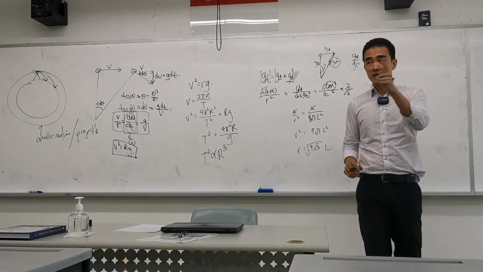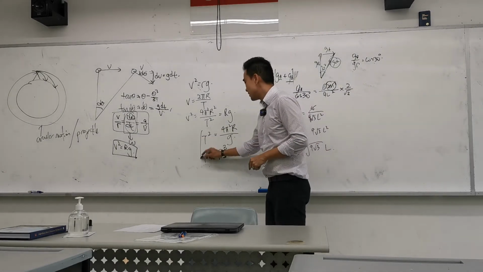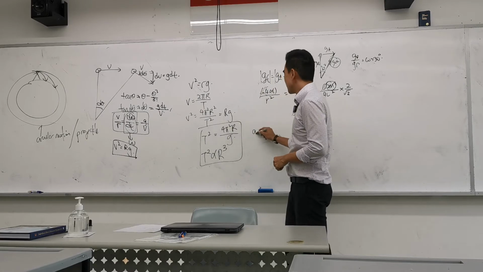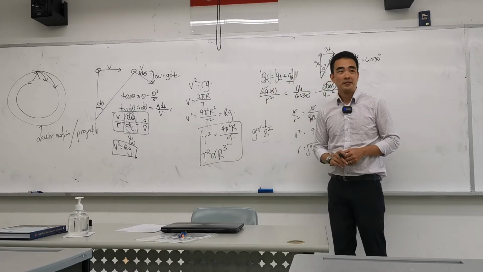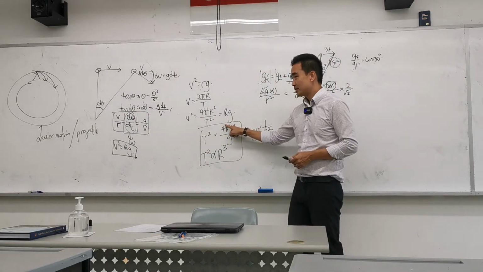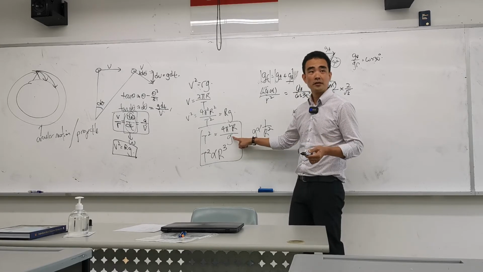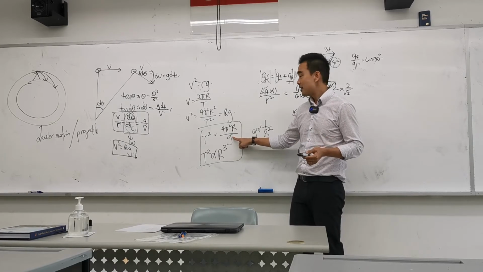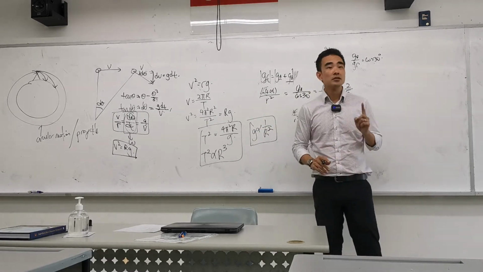Therefore, if you combine these two together, you can deduce that G must be proportional to 1 upon R squared. For this to be R cubed, this g over here must be proportional to 1 upon R squared. Therefore, Newton came up with this idea that the gravitational field is an inverse square field.